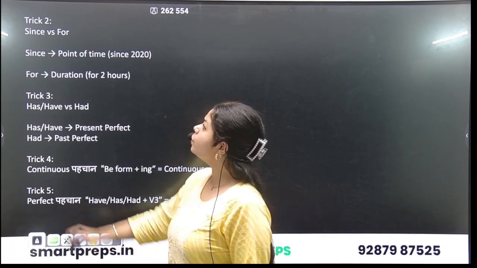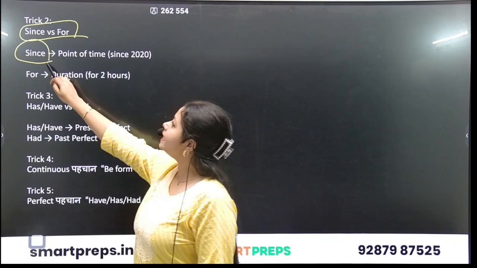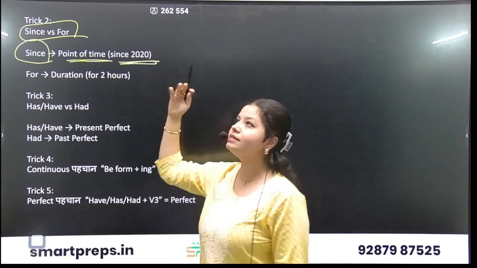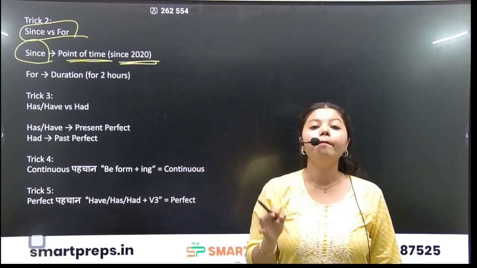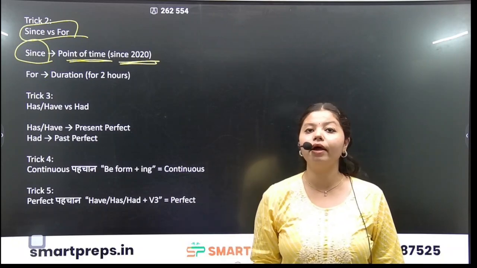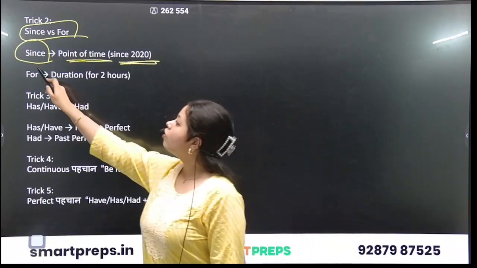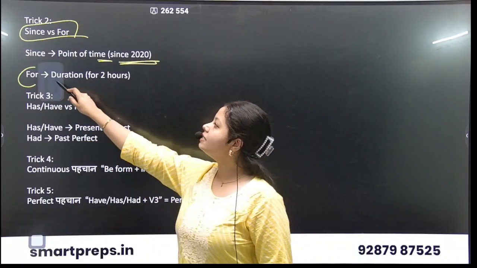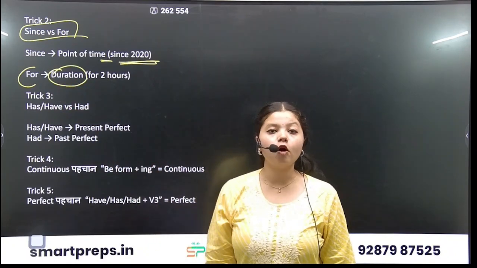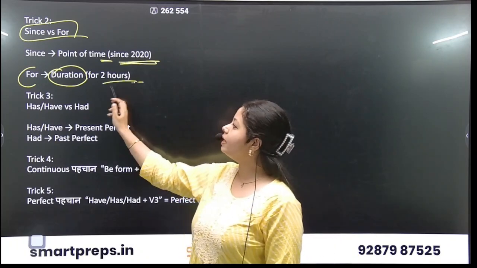Trick 2 is since versus for. Once since is there, we have to remember a point of time, like since 2020. It means they will be giving a particular year, 2020, 2019, 2021, whatever it is. Now, for means duration, the time frame of a particular action that has been performed, is performing, or will be performing in future, for example, for 2 hours.